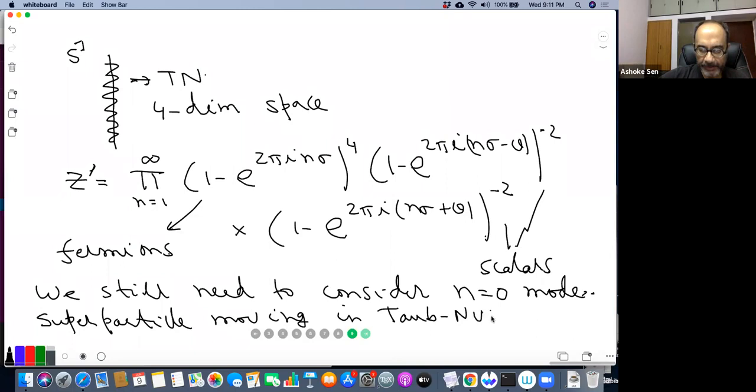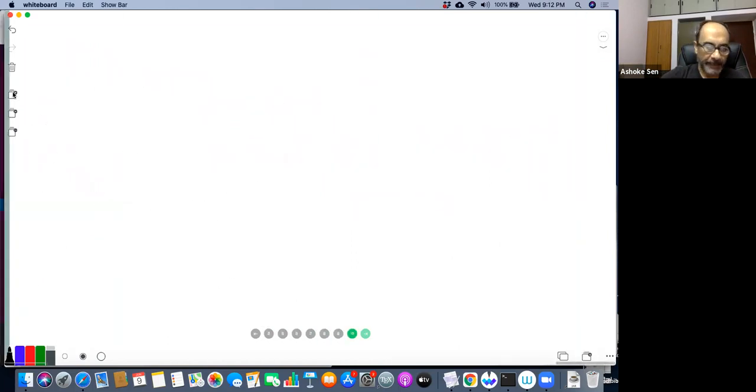Just quantum mechanics. And we want to find the spectrum. Okay, and this one, in fact, was studied in a different context in the 70s. Of course, not for this particular problem, but just as a mathematical problem of superparticle moving in Taub-NUT. Okay. So I'll give the result.